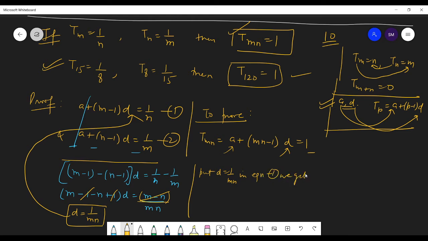We get 1 by N is equal to A plus (M minus 1) into 1 upon MN. Yes, you are doing it along with me. Is equal to 1 by N.